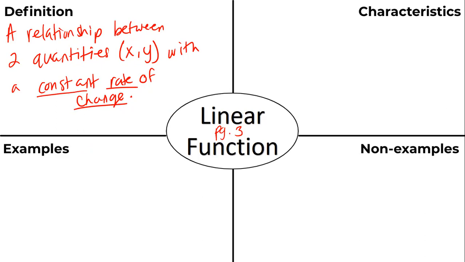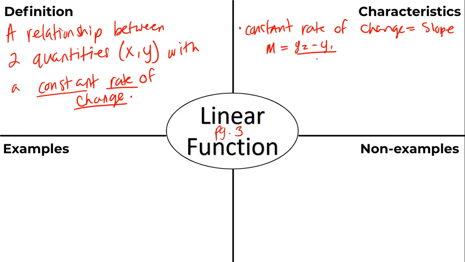No? All right. Our characteristics. What is the constant rate of change called? Good job. So constant rate of change equals our slope. The ways to represent slope, we have m, right? M equals, that's our y2 minus y1 over x2 minus x1.